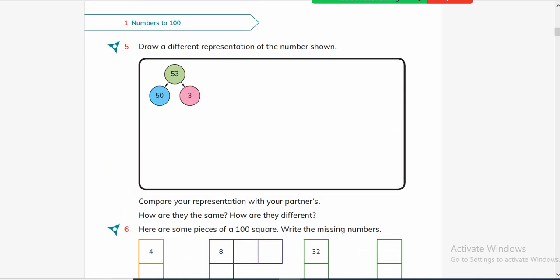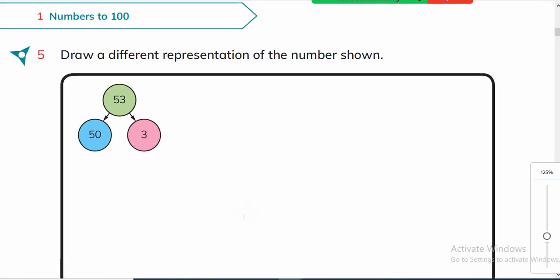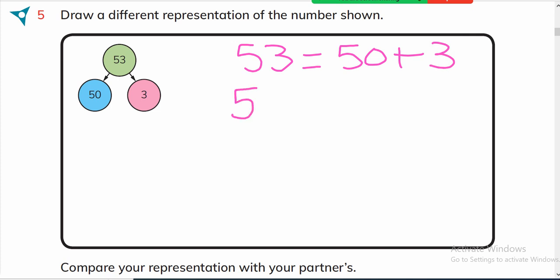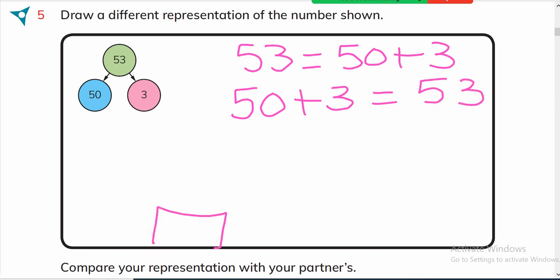What is this? It is draw a different representation of the number shown. We have to draw this number in a different pattern. The easy way for students is 53 is equal to 50 plus 3, or they can write that 50 plus 3 is equal to 53, or we can do it in number walls as well.